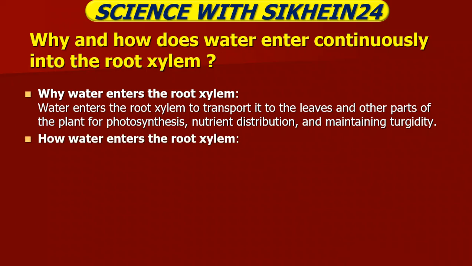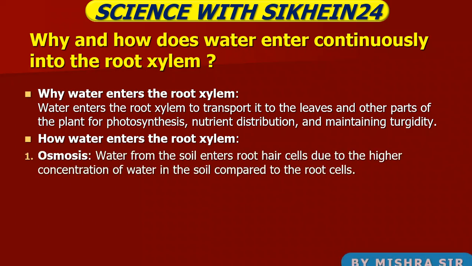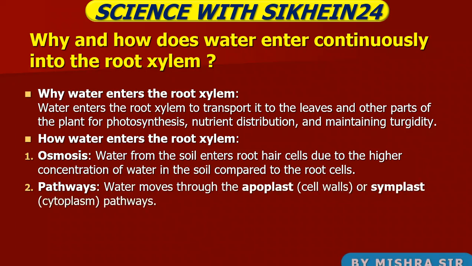How does water enter the root xylem? Osmosis: water from the soil enters root hair cells due to the higher concentration of water in the soil compared to the root cells. Pathways: water moves through the apoplast, that is cell walls, or the symplast, that is cytoplasm pathways.